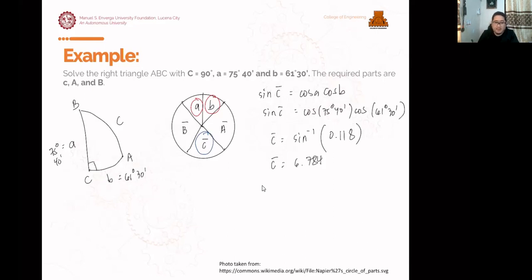But this is not what the problem asks for. We only need side C. Our bar C is equal to 90 minus side C. So, to get side C, C is equal to 90 minus bar C. So, 90 minus 6.784 is the value of side C. That is 83 degrees, 12 minutes, 57 seconds. Okay? So this is our answer for letter C.